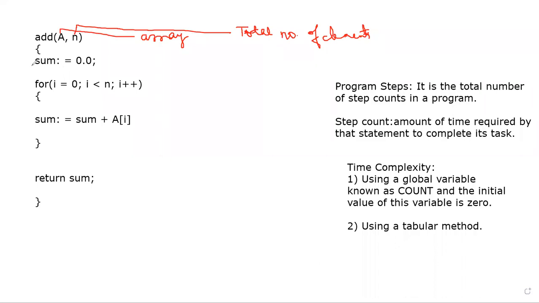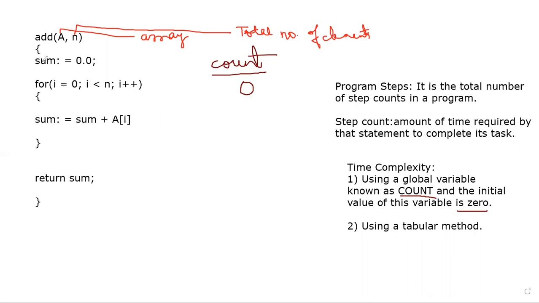So you know that this count variable has got initial value as 0. I am writing count here, and this is 0. The first value given to this count is 0. And whenever a statement gets executed, the count variable gets incremented by 1.